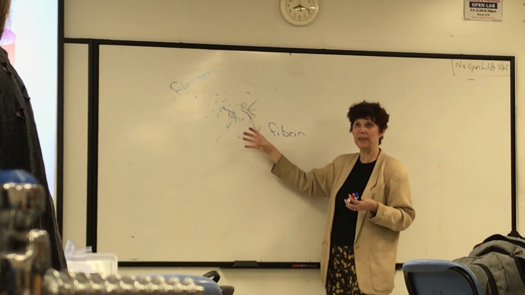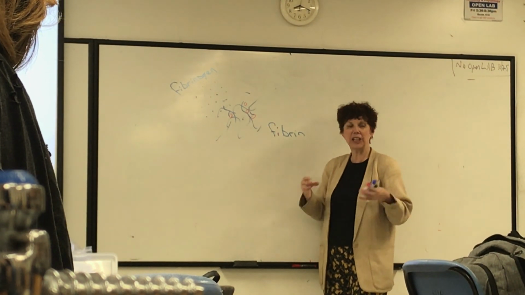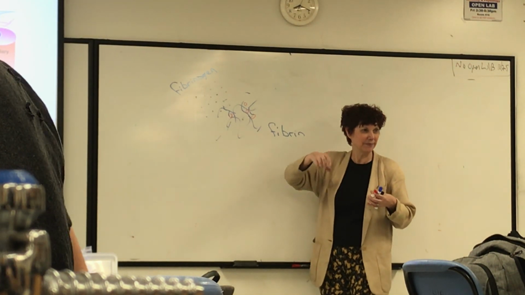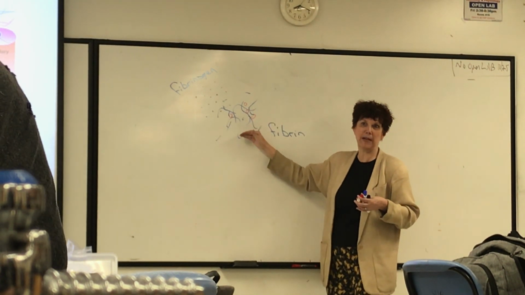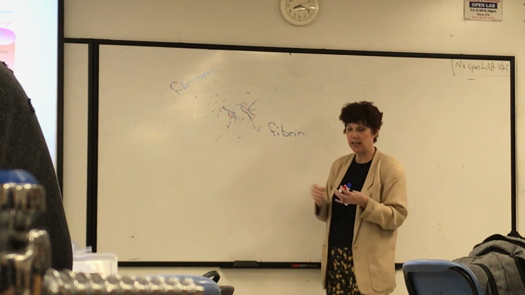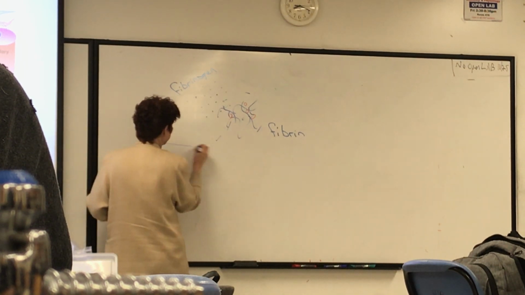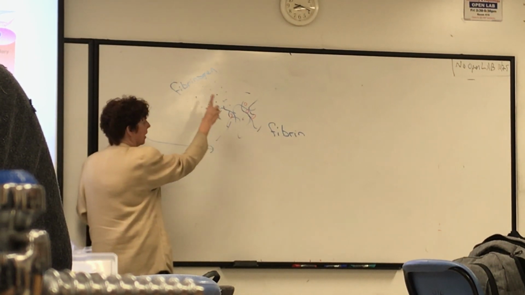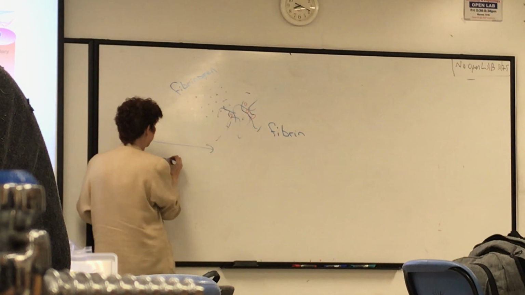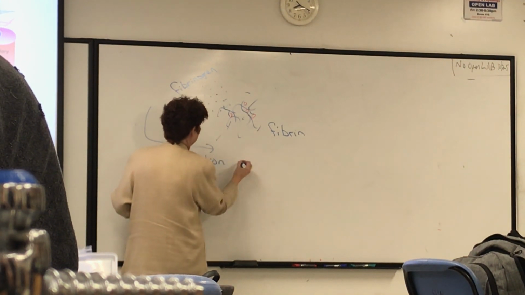So if this is Jell-O, the Jell-O firms up. All right, and it may be squiggly, jiggly, but it's not going to flow. And so that's what fibrin threads do. It traps the water molecules, and that is a clot, okay? So the process of coagulation is a process by which we activate this fibrinogen to polymerize and form a clot.